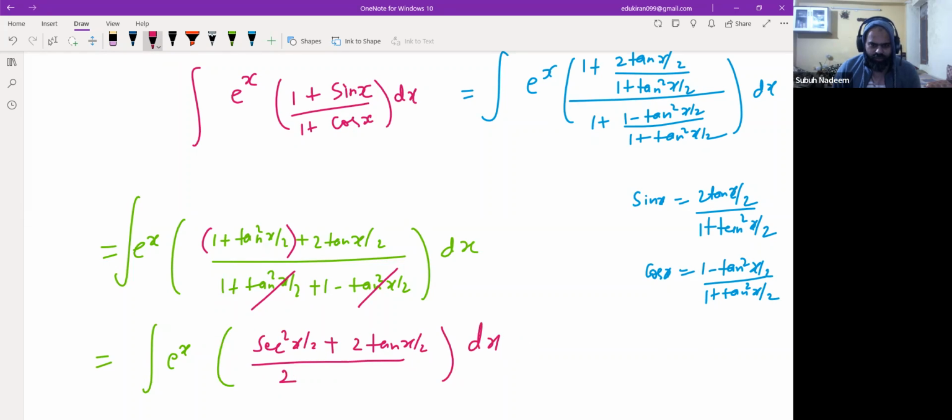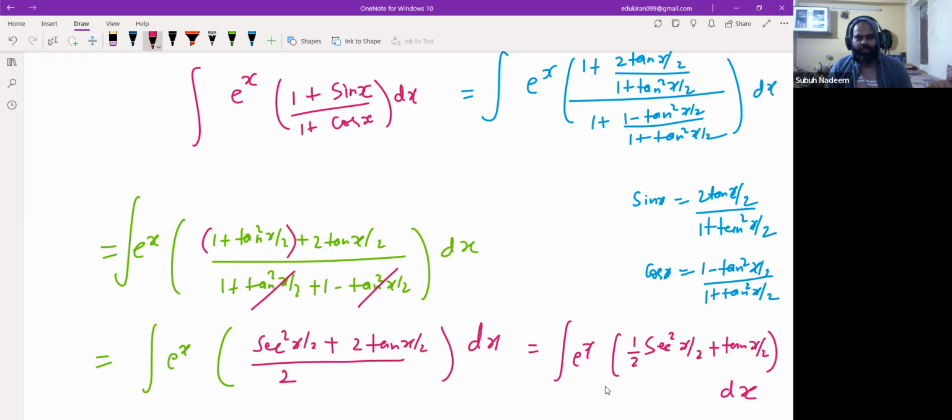So after this step, you can divide by 2. So this will be half sec square x by 2 plus tan x by 2, as 2 will cancel, dx. So finally, can you write it like this? Yes.